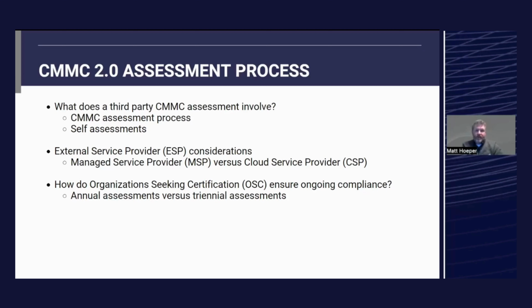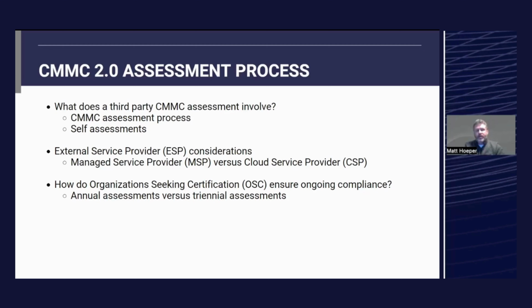Should you have not passed with 110 and you get to a place where you've missed 8, 10, 12 1 pointers, as long as you're at 88, you can get 180 days to fix those POA&M items related to those 1 point practices, and then have either the C3PAO that you were working with come back out and assess you, or just those practices, or you can have another C3PAO come out and assess you, just those practices.